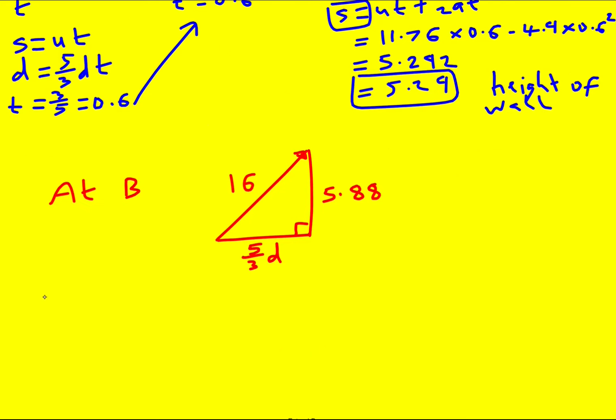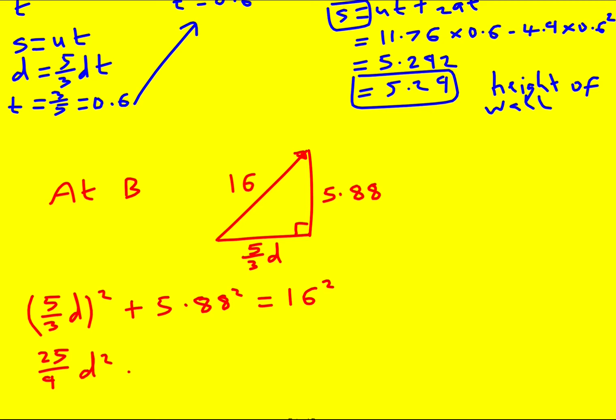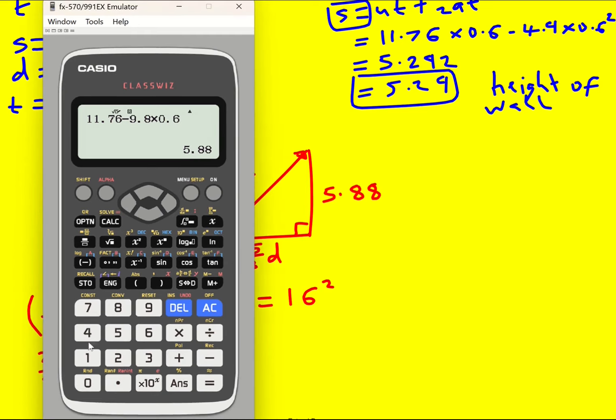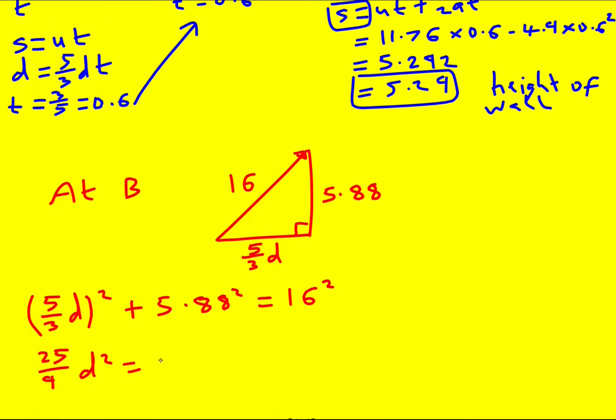It must be that 5 over 3d squared plus 5.88 squared is equal to 16 squared. Therefore, 25 over 9 d squared is going to be 16 squared minus 5.88 squared, which is 221.4256.